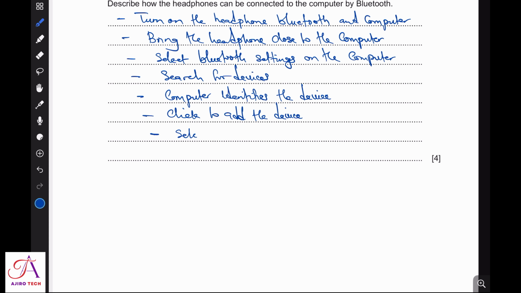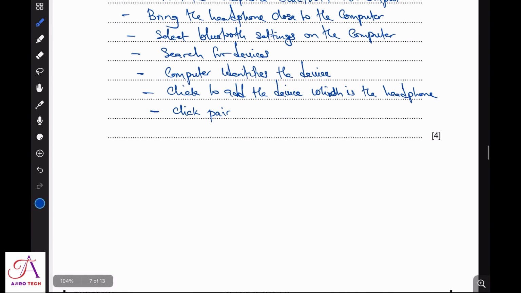Select a device, which is the headphone. Click pair. That's all.